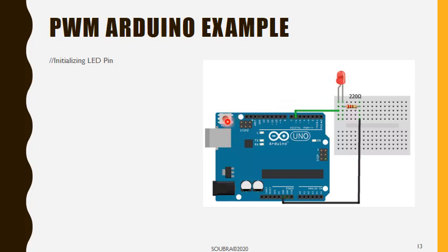So let's do that. It's connected physically to pin number 6, and it is a PWM pin, so we're good. We've defined this particular pin, we call it LED pin, and as in each and every Arduino program that you'll be doing, you should have two functions, the setup function and the loop function. How many times is the setup function called? Only once. And how many times is the loop function called?